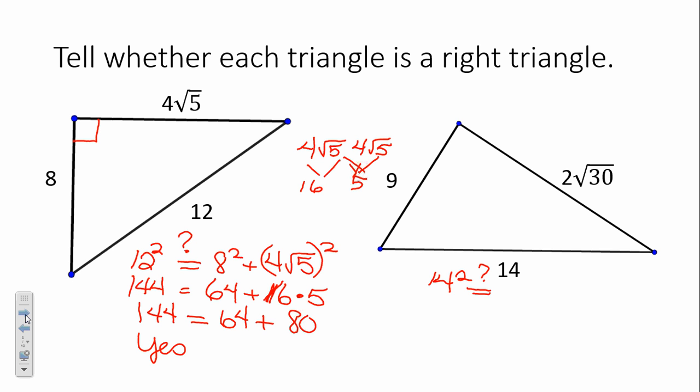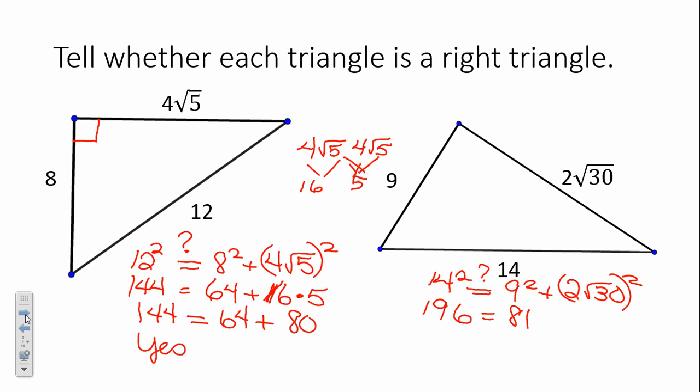We want to see, is 14 squared equal to 9 squared plus 2 square roots of 30 squared? Okay. So Nate, what's 14 squared? Very good. Michael, what's 9 squared?